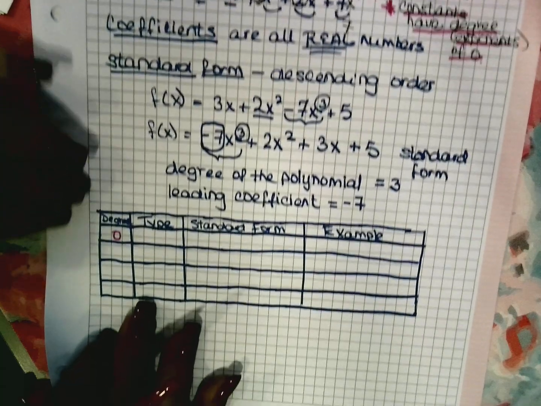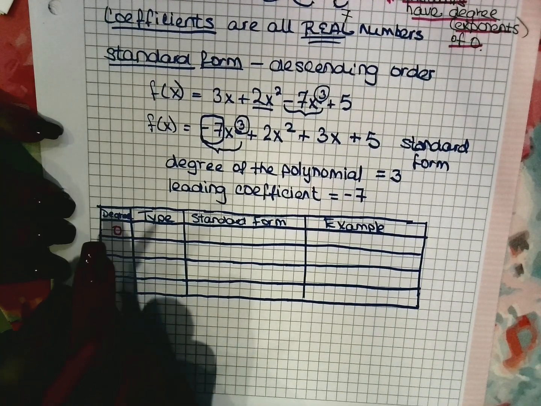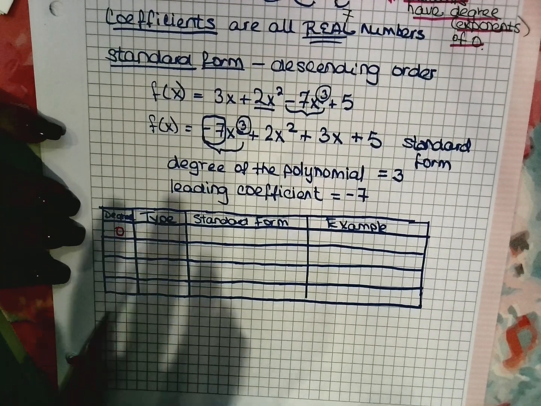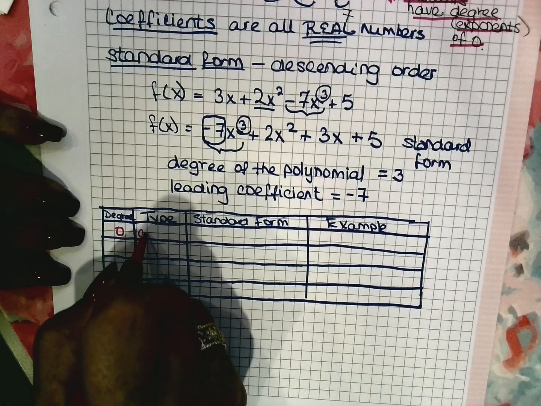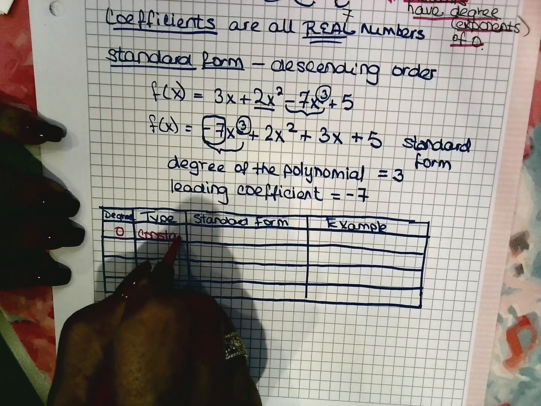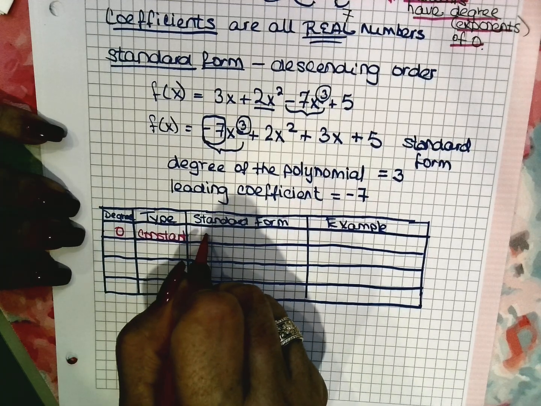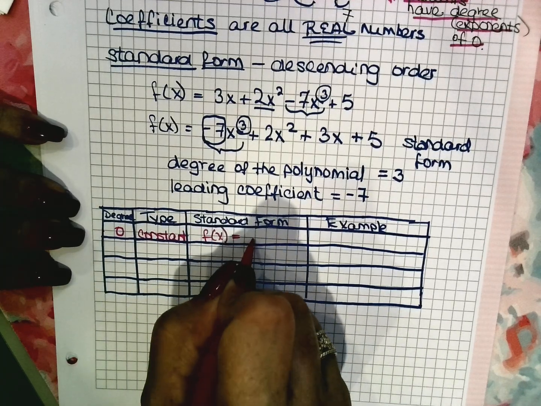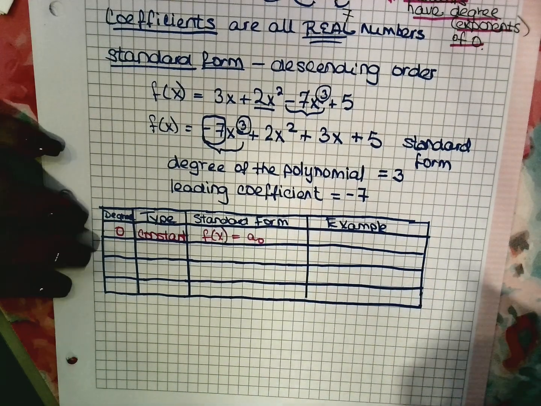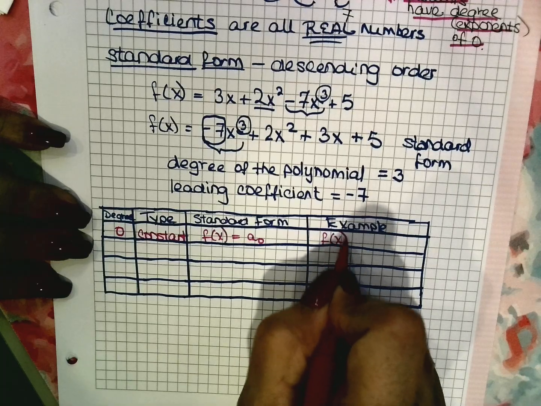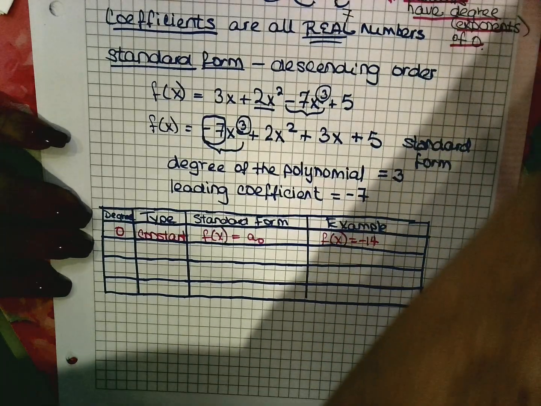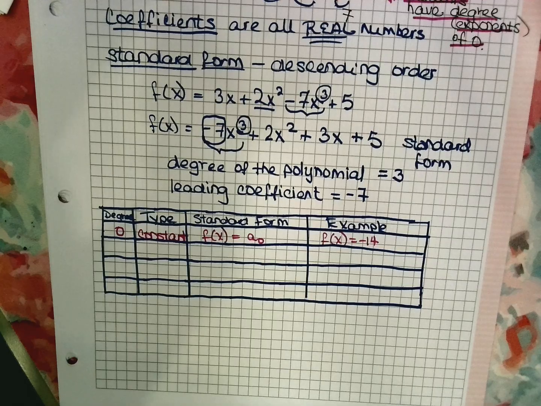So whenever you look at a polynomial or a monomial that has a degree of 0, it is a constant. And the standard form is f of x equals a sub 0, just the term, again being a constant. And an example would be, for example, f of x equals negative 14. That is a constant.